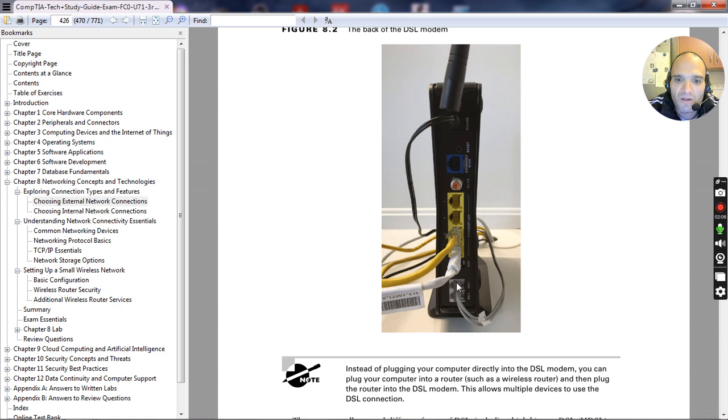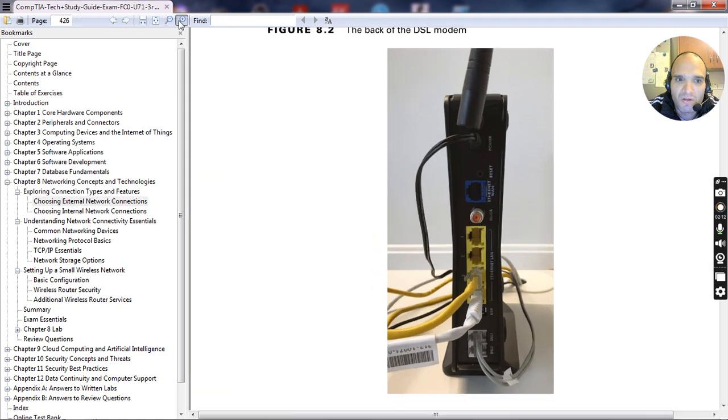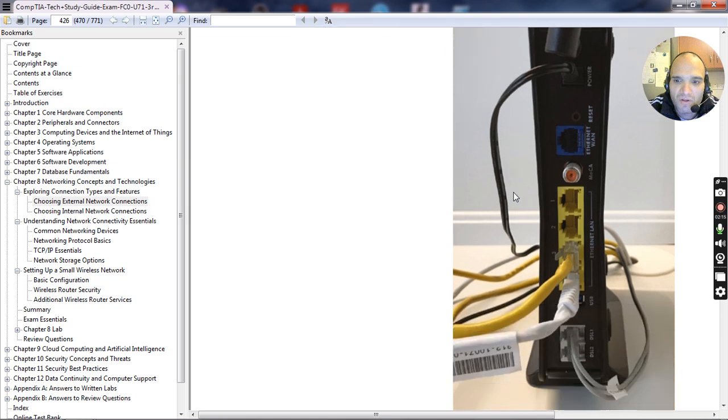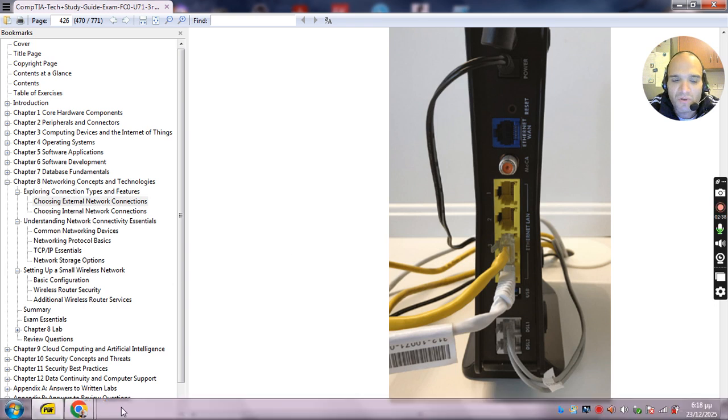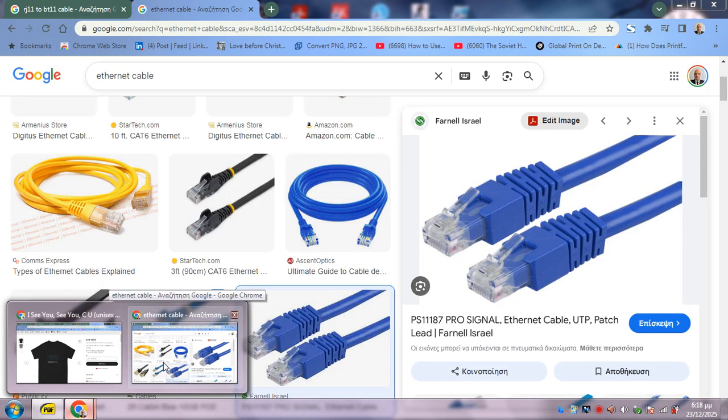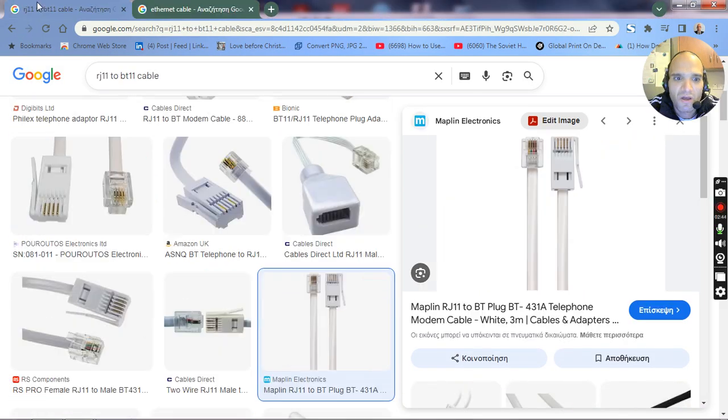And here we see a gray cable. Let me zoom in in order for you to see more clearly the letters on the socket. So you see DSL1. The particular cable is called RJ11 to BT11. And let's see an example of the particular cable. So this is the cable.